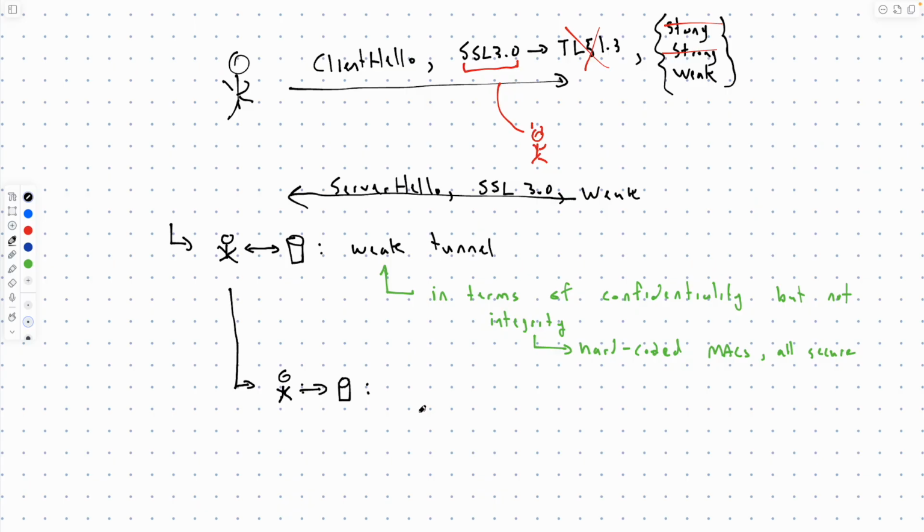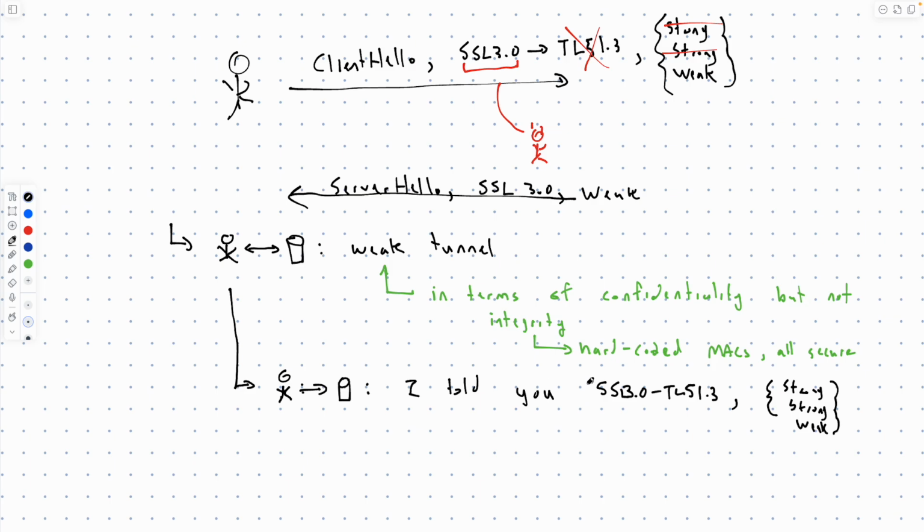I told you I support all of these cipher suites and all of these TLS version numbers. I support everything from SSL 3.0 to TLS 1.3. And I support all of these cipher suites, strong, strong, weak. And everything else. There's more to the connection than that, but basically all the things that matter.